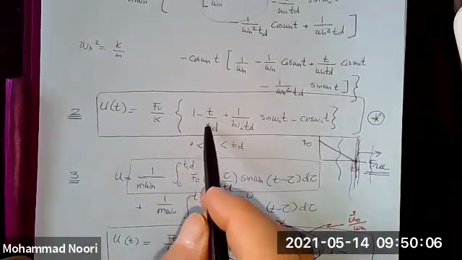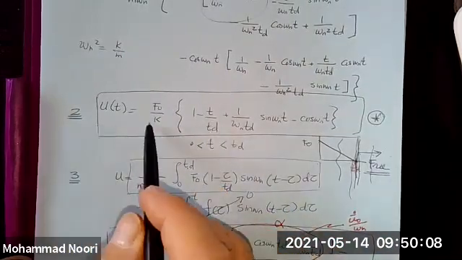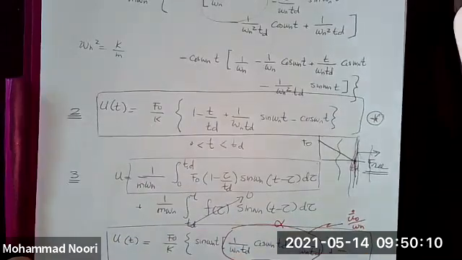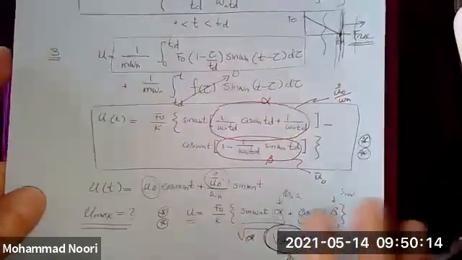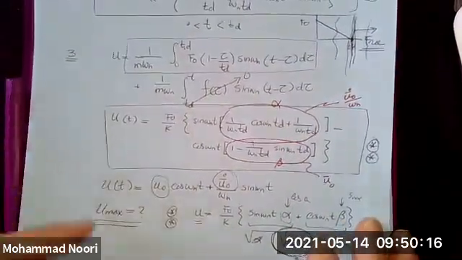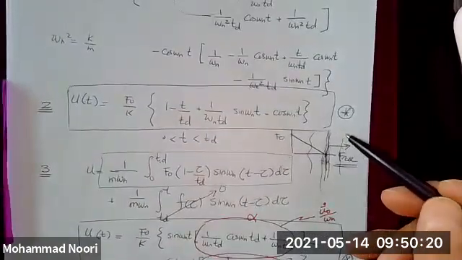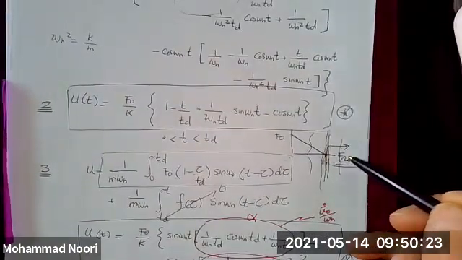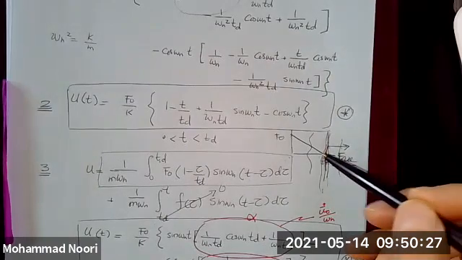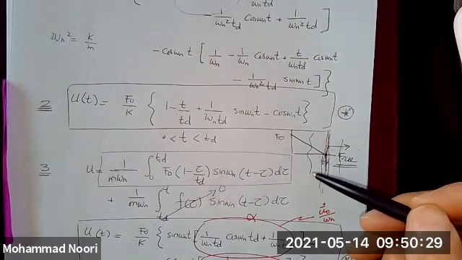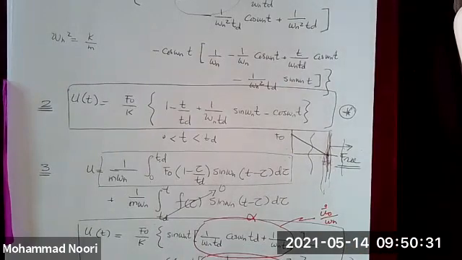Substitute that time into this equation and you find the maximum value, and then you compare the two. I want you to go through that practice and show me whether the maximum occurs after the force has been terminated or before that, if you have a small time.